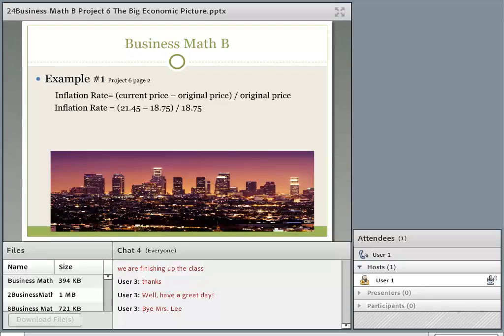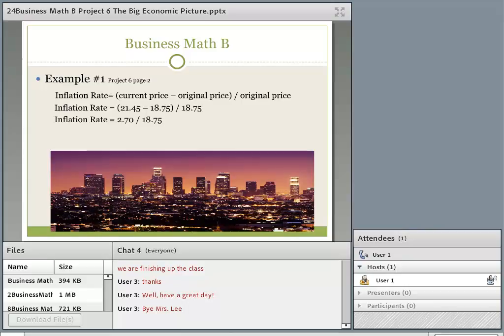You could see that listed. The inflation rate is equal to, let's think about this. You take the current price minus the original price, and then you divide it by the original price. So if you think about it, it gives you a percent, right? It gives you the difference, the change, and then you divide it by the original price. So then it'll give you a percentage. And remember, whenever we see the word rate, we're thinking of percents, right?